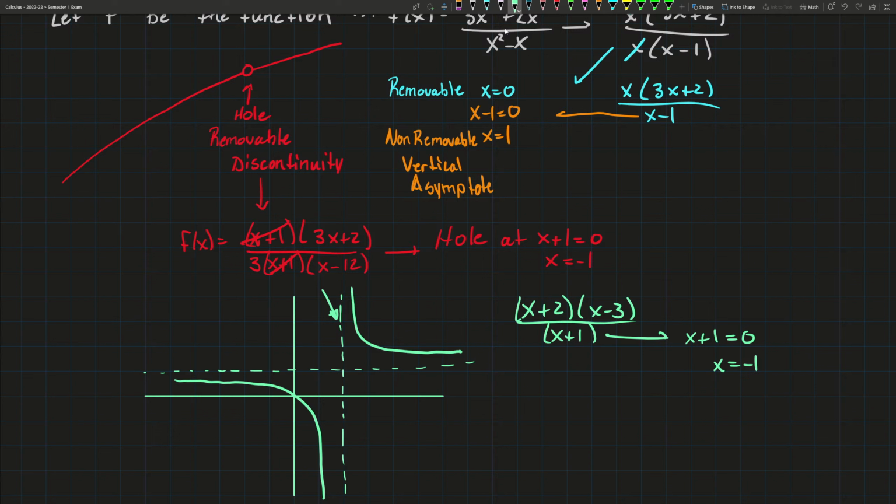It's probably a bad example, and the x values I wrote don't match the graph, but you get my point. When the denominator equals 0, you have vertical asymptotes unless you can factor it out, in which case it's a hole.